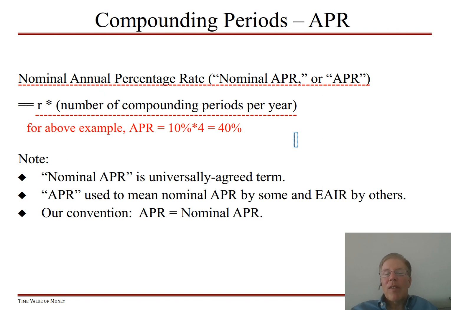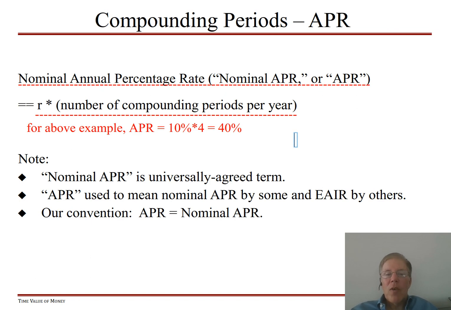APR is something that is often used in consumer lending situations where they assume that people just can't raise anything to a power, can't exponentiate. So it gives a rough approximation of what's going on, but it does not give the correct answer. Okay, so we're going to try and steer clear of it. We'll use it a little bit just to make sure that everyone knows how to use it, but once we're sure that everyone understands it, we're going to move away from it.